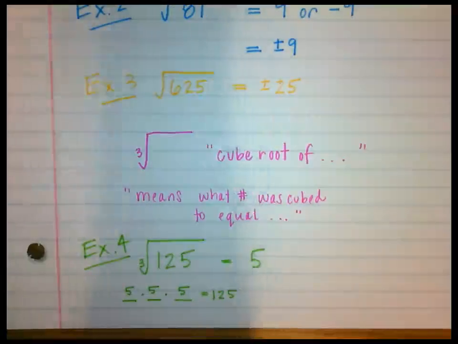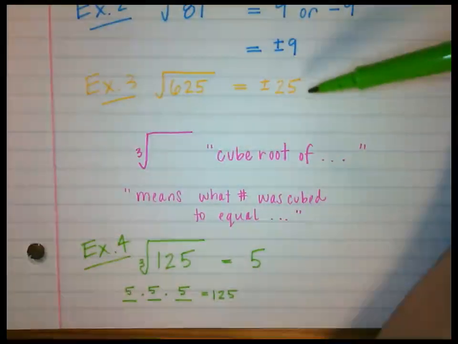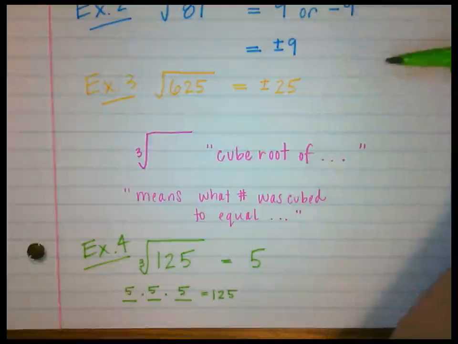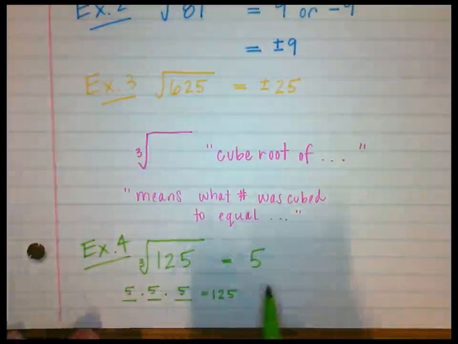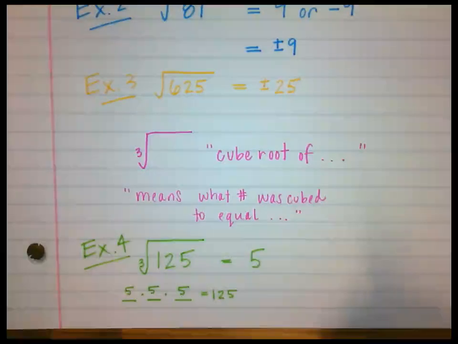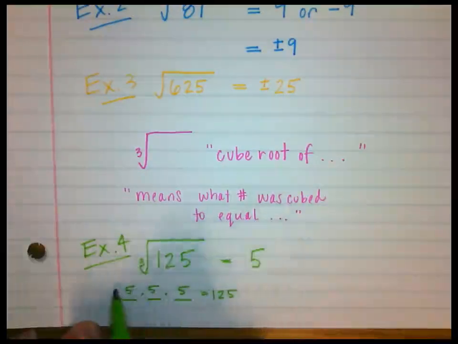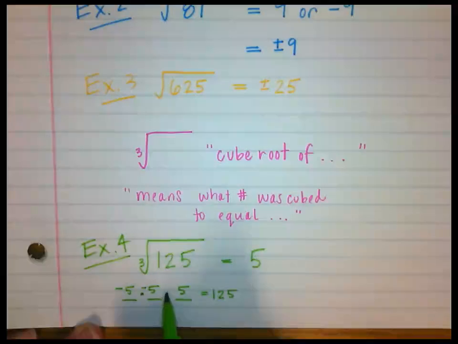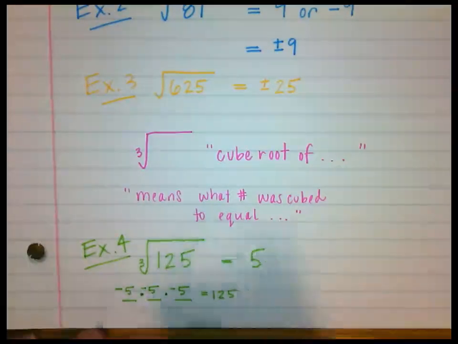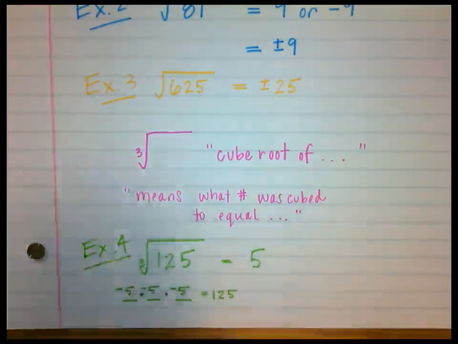So let's talk for a second. When we were doing square roots, it was possible for the answer to be a positive or a negative. So let's think for a second. Does that work on cube roots? Is negative 5 times negative 5 times negative 5 equal to positive 125?